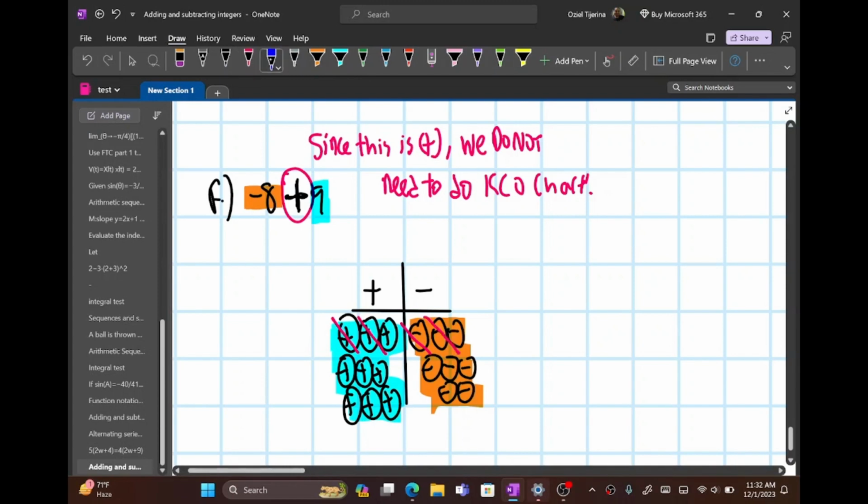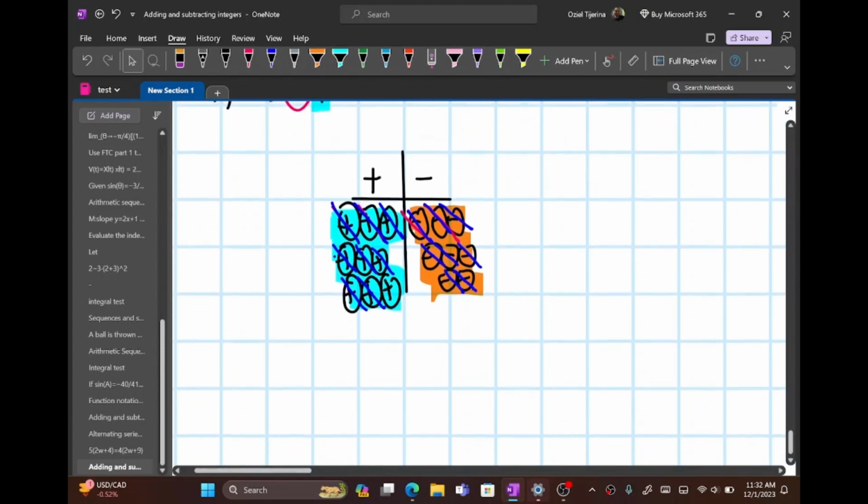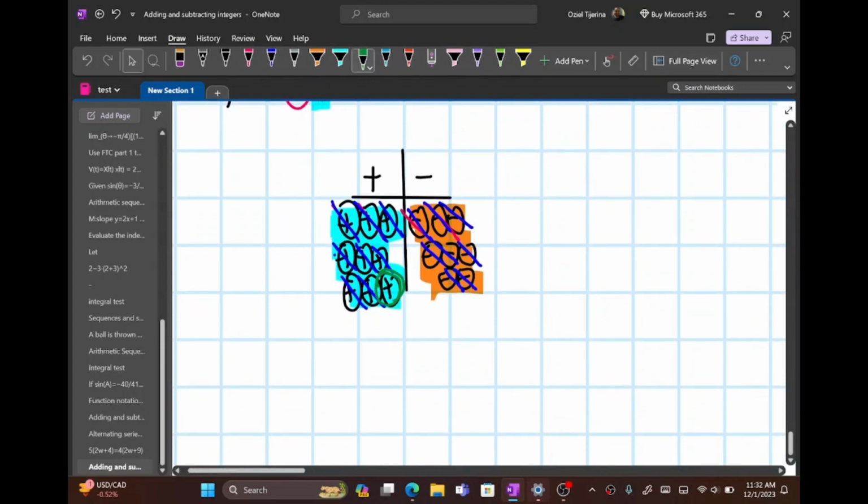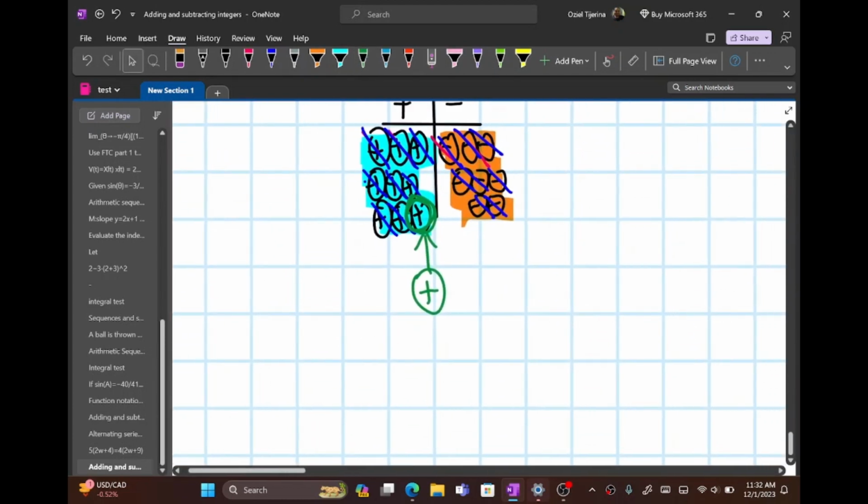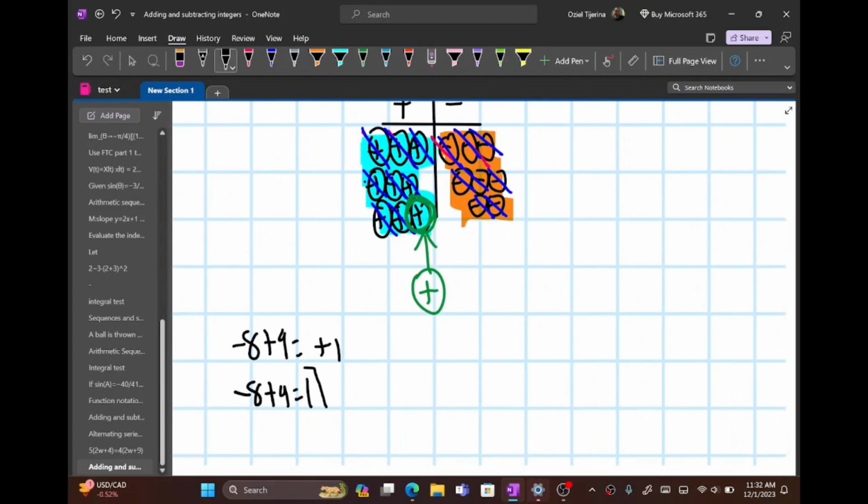Actually, let me do it this way: 1, 1, 2, 2, 3, 3, 4, 4, 5, 5, 6, 6, 7, 7, 8, 8. And now how many do I have left over? Well, this is positive. So therefore, negative 8 plus 9 is positive 1. In other words, negative 8 plus 9 is equal to 1.